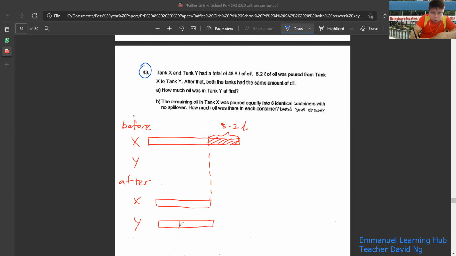So this is also my 8.2. This was poured here. So originally Y had this amount. Do you understand the drawing? Yes. This amount is how much? I don't know. Let's call this 1 unit.